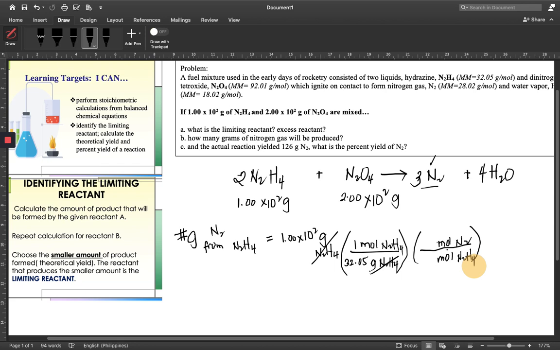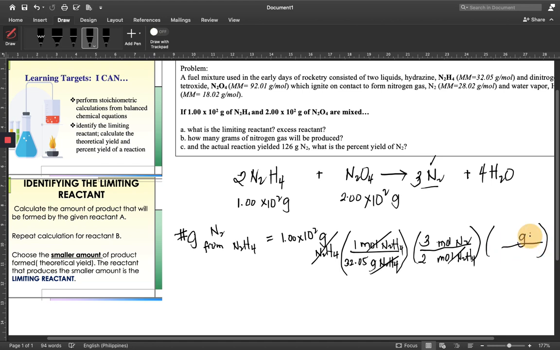Okay, the mole ratio between N2H4 and N2, and we can get the mole ratio from the balanced chemical equation. All right, so it says in the balanced equation that 3 moles of nitrogen gas will be produced from the reaction of 2 moles of N2H4. Now we can cancel N2H4 here. Then after that one, we need to convert it into grams of N2, right?